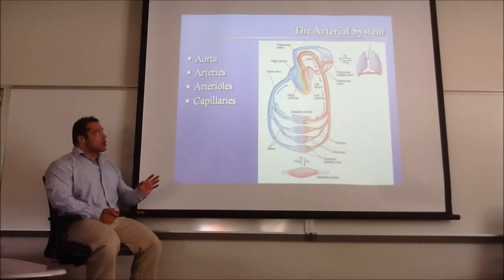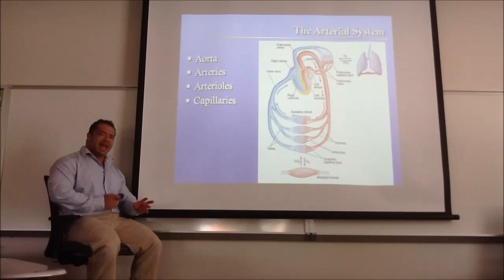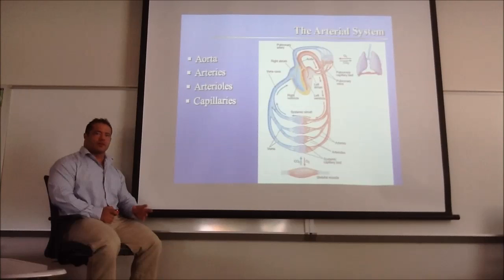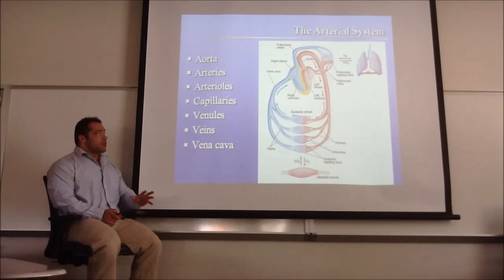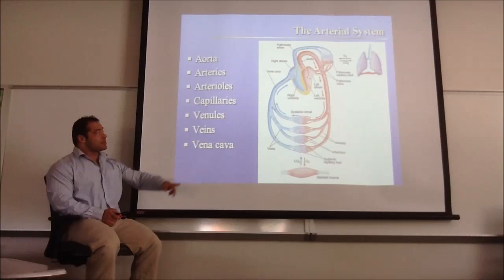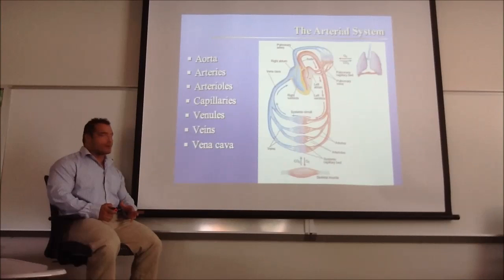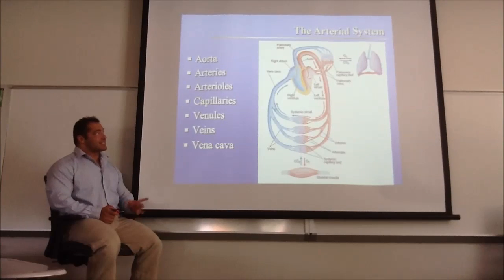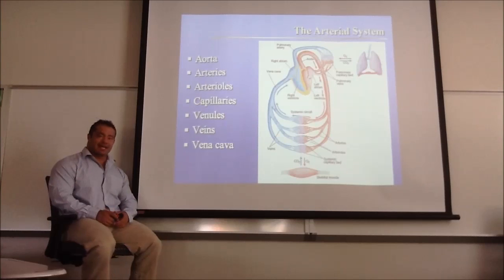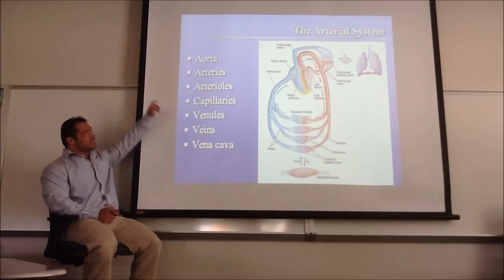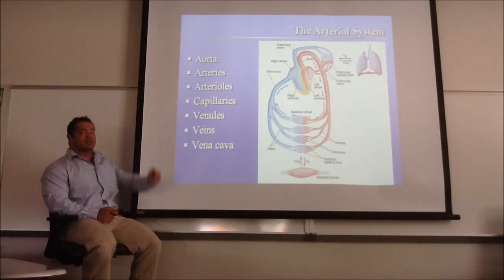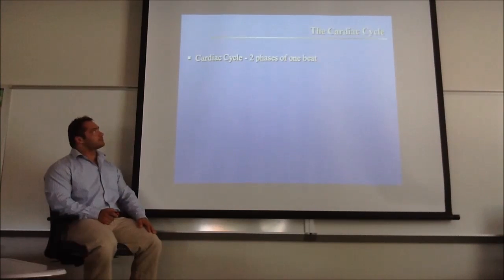The capillaries are no longer just for transport, they actually move nutrients to and from inside and outside the blood. Once we get out of the capillaries, venules collect all that pooled blood, it gets into veins, and then the vena cava sends it all the way back into the heart. So these are all different sizes, from largest to smallest, back to largest again.